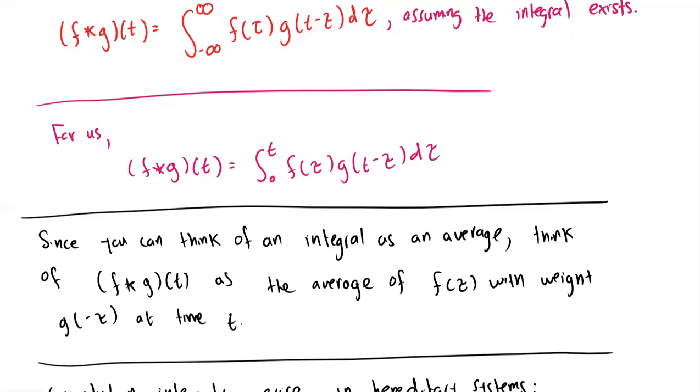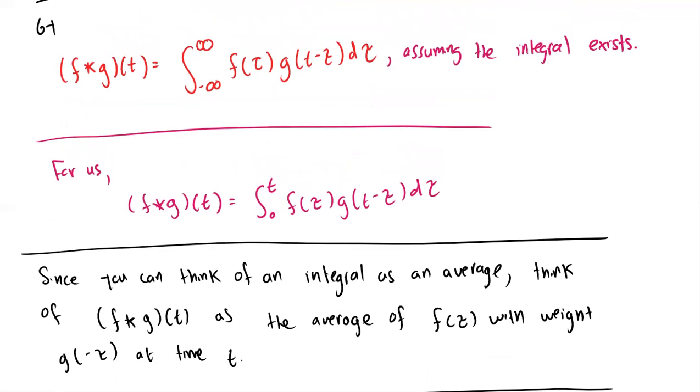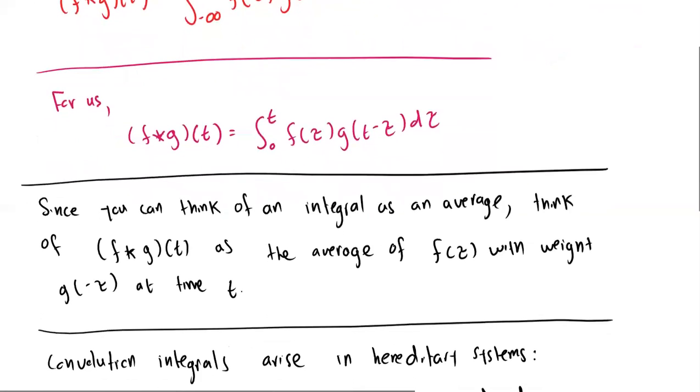So you could think of the convolution of f and g as a weighted average of the function f with the function g of minus tau at a specific time t. That's what I wrote here in this paragraph. That's one way you can think of it, if you want to think of it just as an average, using this average value of a function theorem.